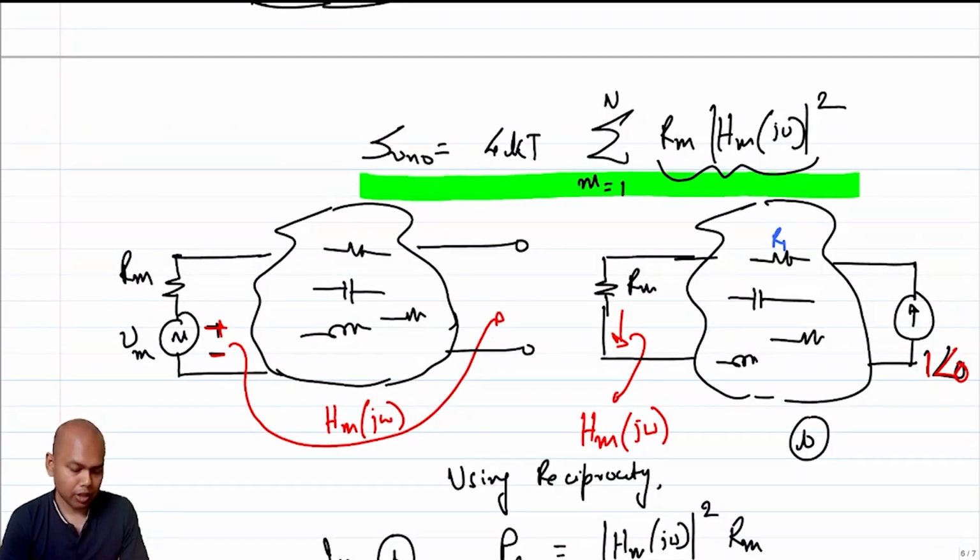Correct? So to now connect the dots, we know that our total noise power spectral density, in the presence of all the noise sources together, is 4kT times this summation, right? And what is this summation? This summation is nothing but the power dissipated in the network, in the reciprocal circuit. Correct?